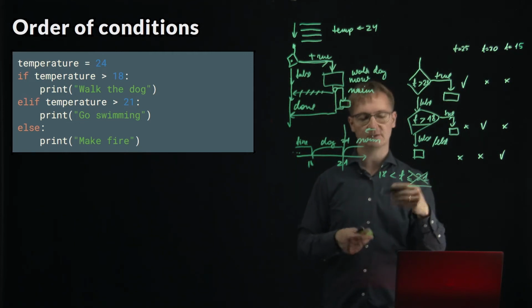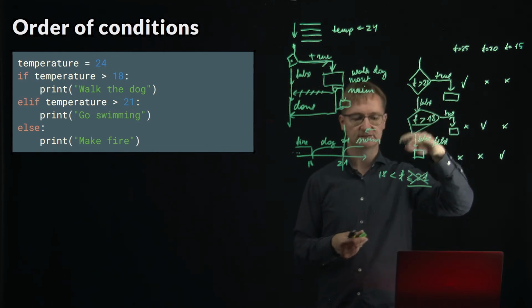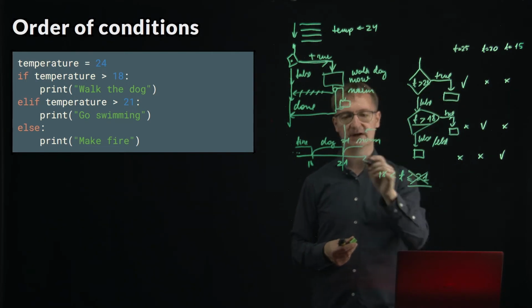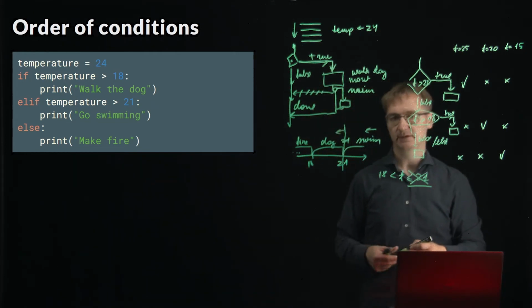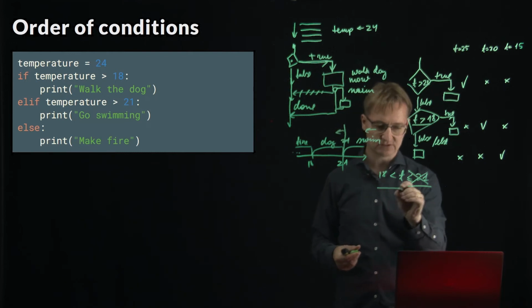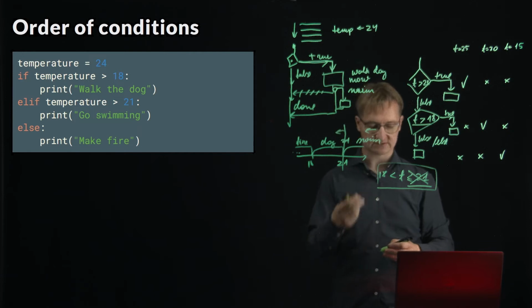So if it was above 21, then we would just ignore this one and there is no problem with that. And if this one was false, then we know that the value is actually somewhere left from this 21. But I mean, you can write the condition like that. You make sure that everything works as expected.